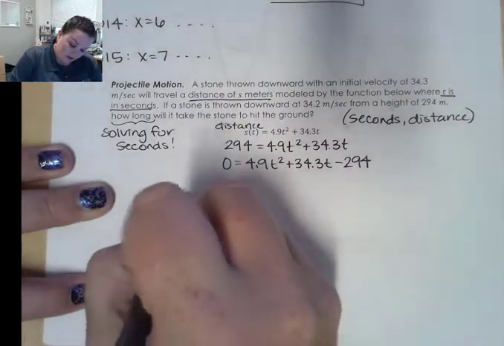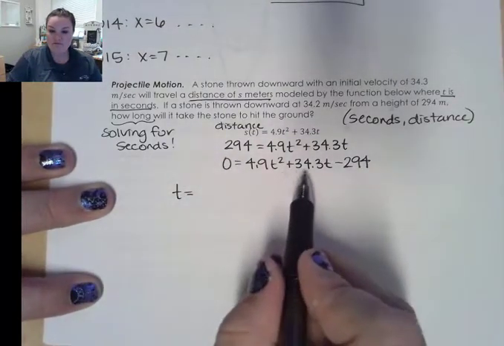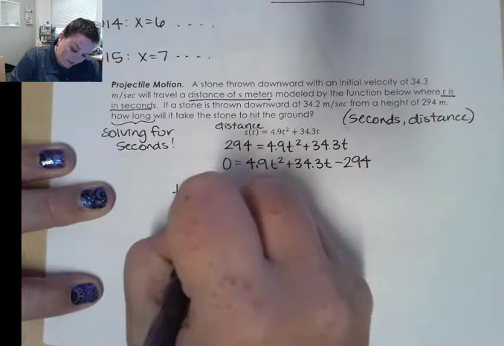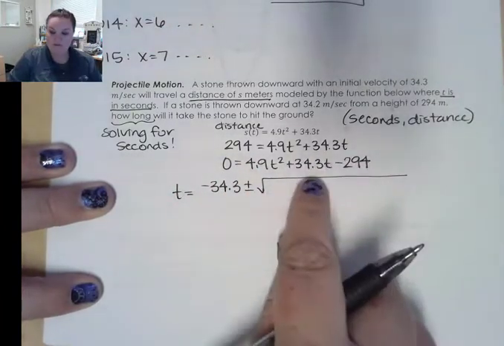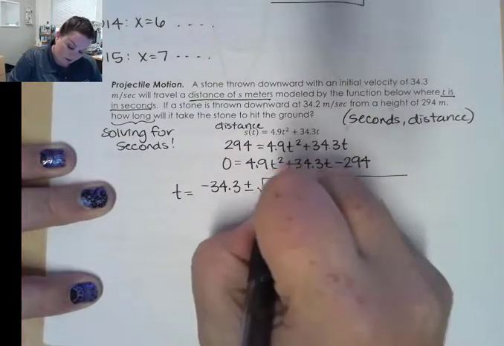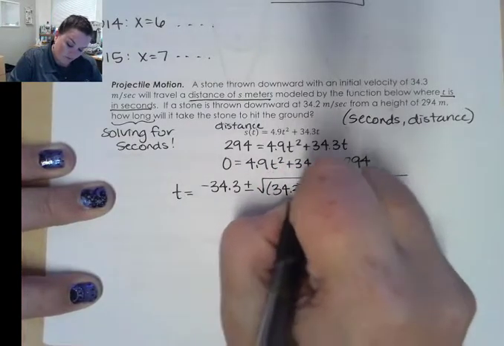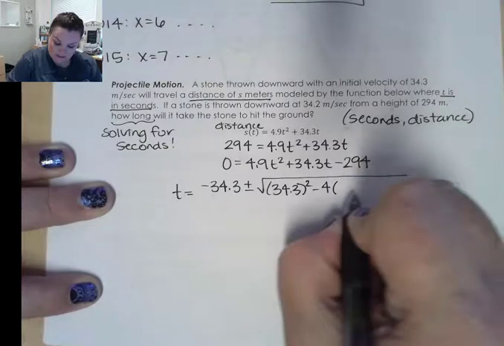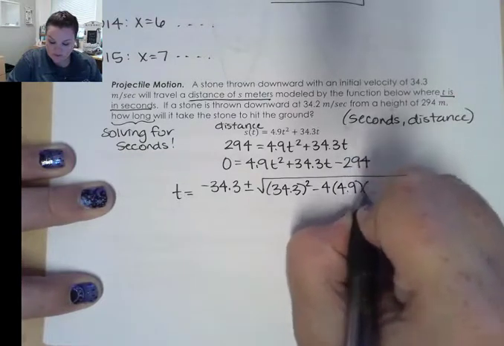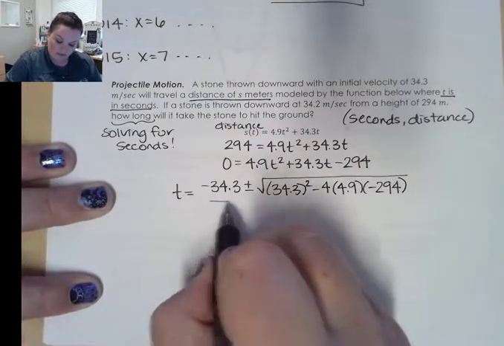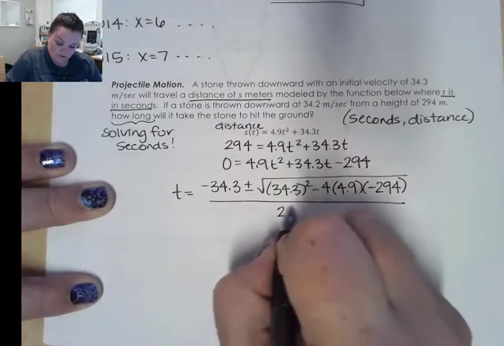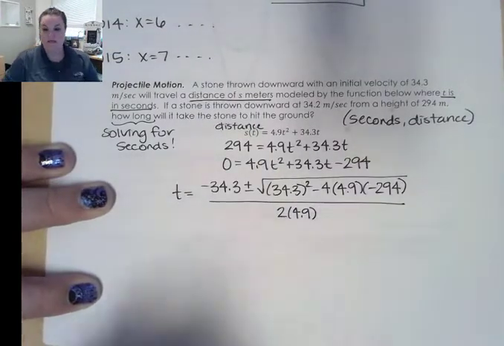So our quadratic formula says to do negative b, or the opposite of my b, negative 34.3, plus or minus the square root of my b squared, so negative 34.3 squared, minus 4 times my a, which is 4.9, times my c, which is negative 294, all over 2 times my a, which is 4.9.